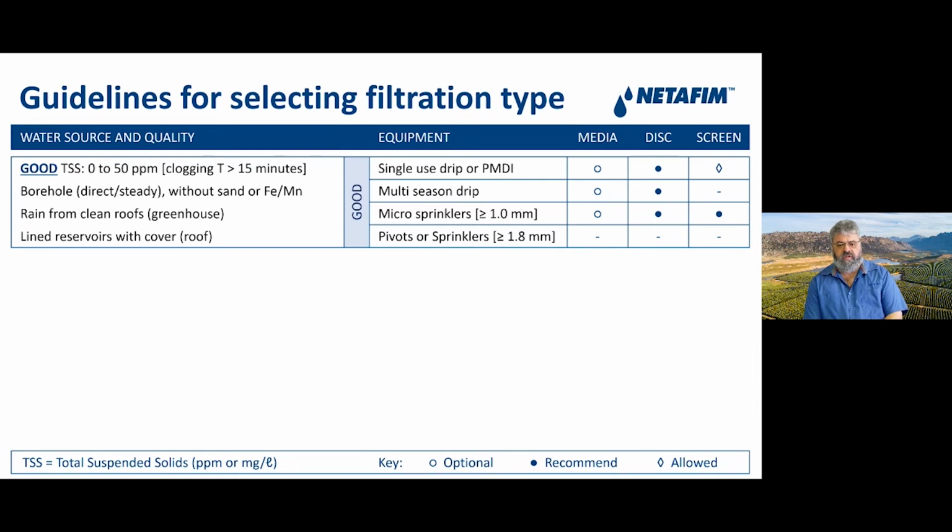If we look at micro sprinklers, you can basically go for any option, but it will be either the disc or the screen that will be used in the industry the most. So that's the way that the table works.